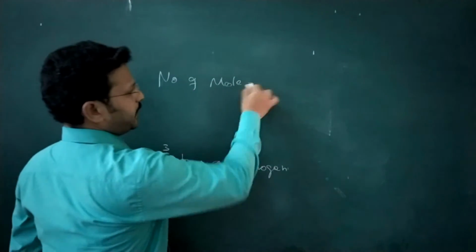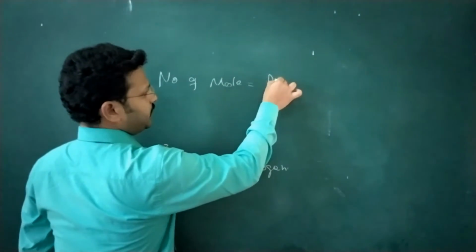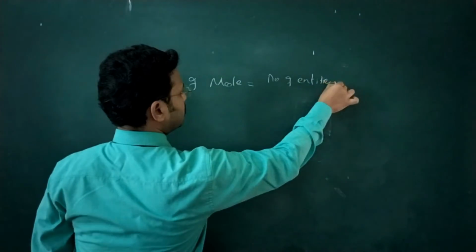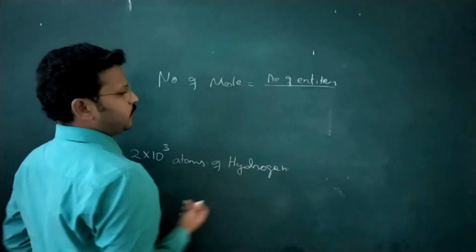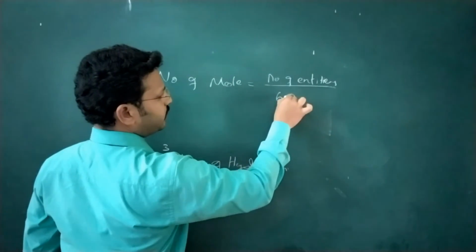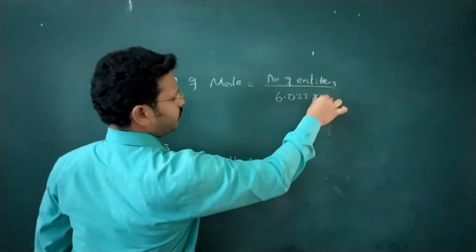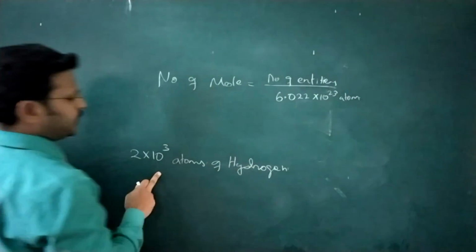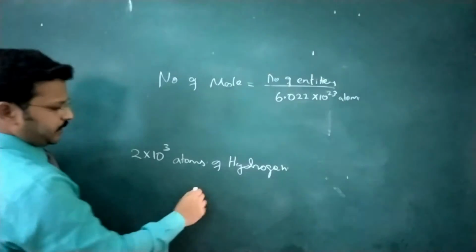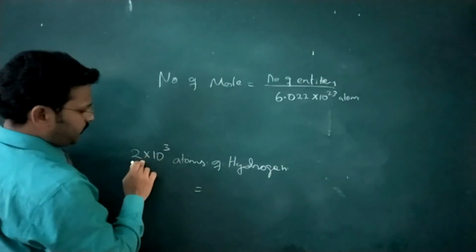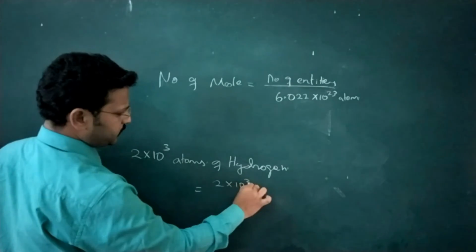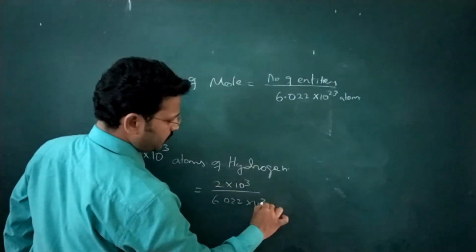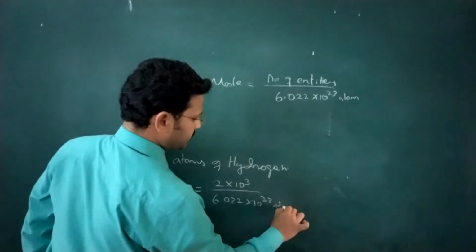So the number of moles can be calculated as the given number of entities divided by the molar entity. One molar entity is nothing but 6.022 into 10 to the power 23 atoms, if you are taking atoms. So the given number of entities is 2 into 10 to the power 3 divided by 6.022 into 10 to the power 23 atoms.